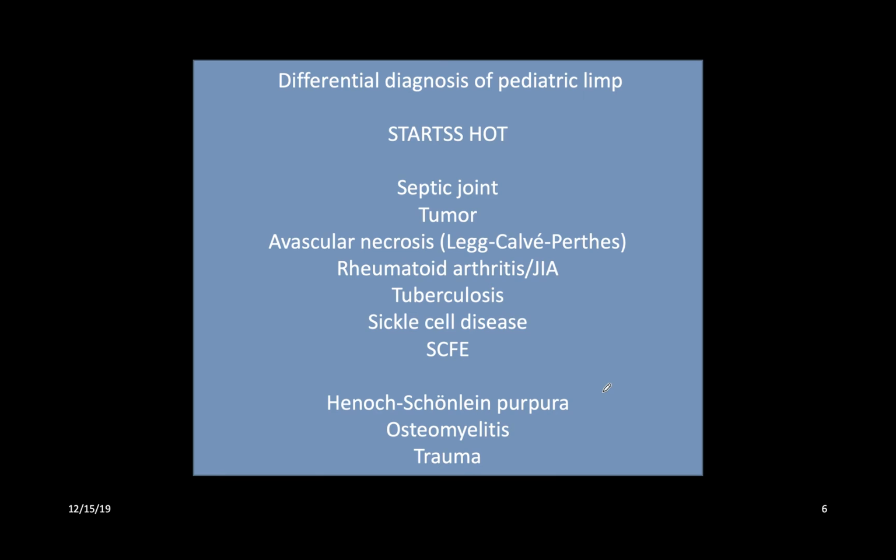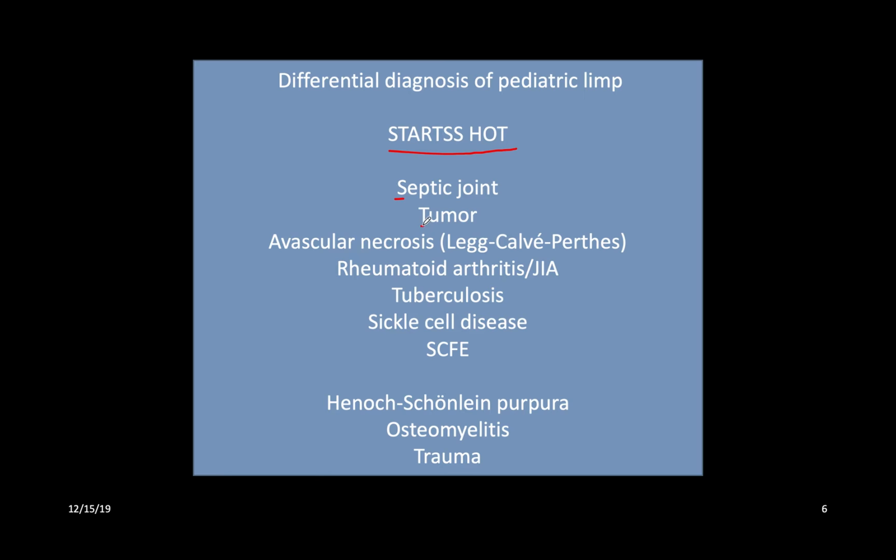All right. So in terms of our differential diagnosis for pediatric limp, this is from First Aid. The mnemonic is STARTS HOT. Okay? So all of the possible things. You have a kid that comes in with a limp. Before you look at any other information, here's all of your options. You could have a septic joint, right, where we have some sort of trauma to the joint, some bacteria is able to get in, and now we have a septic joint.